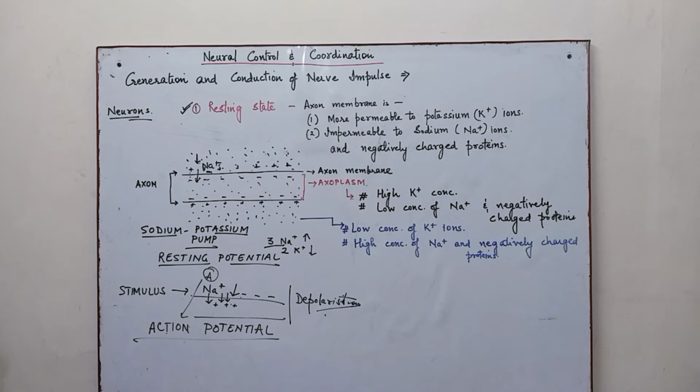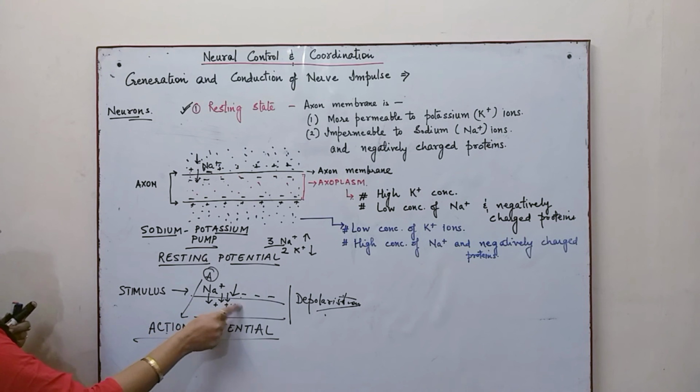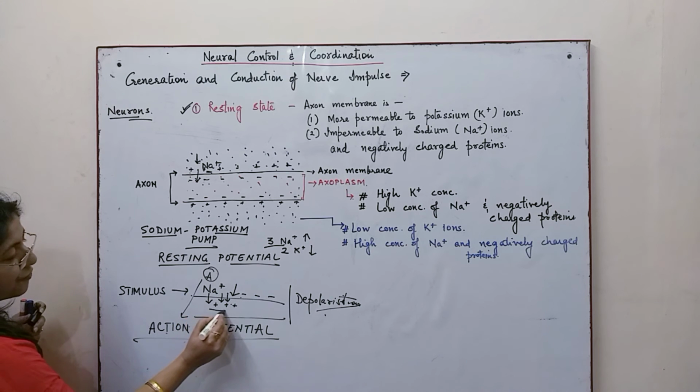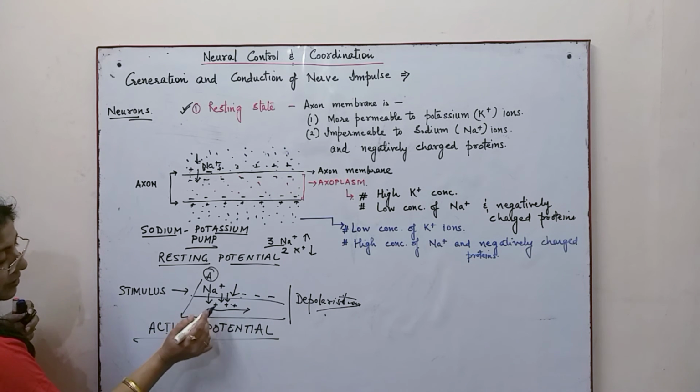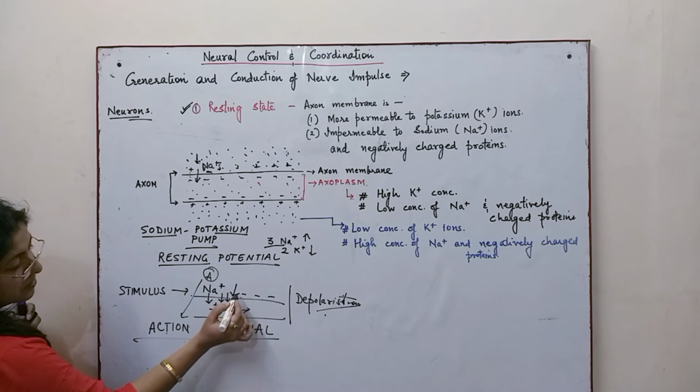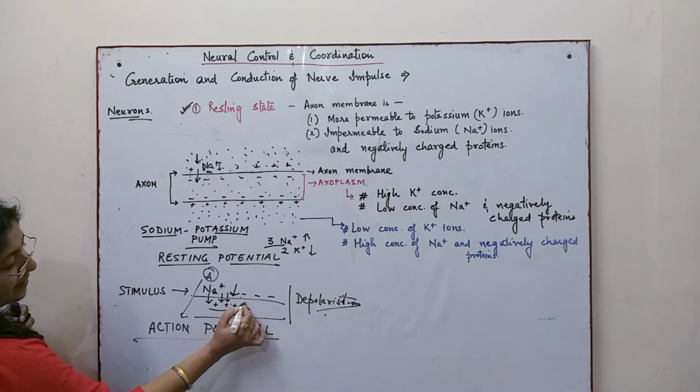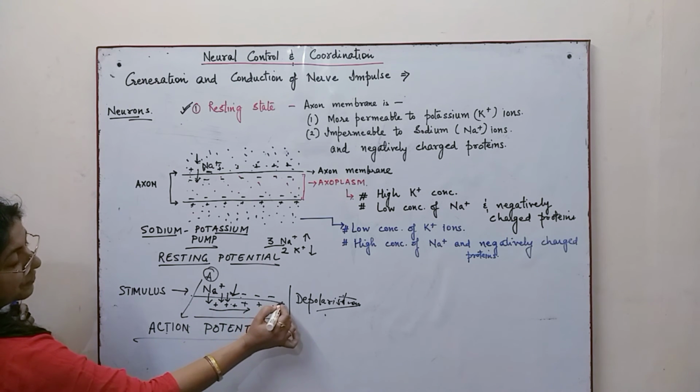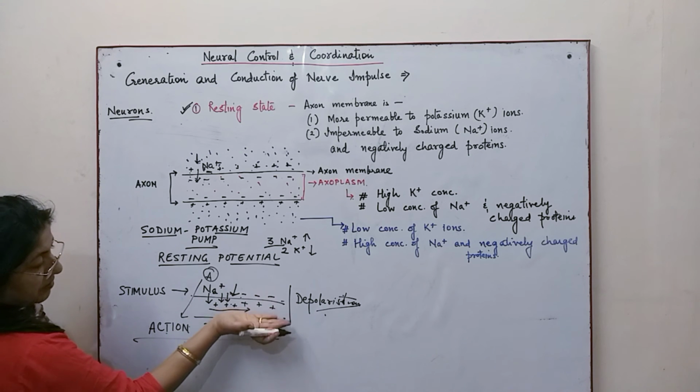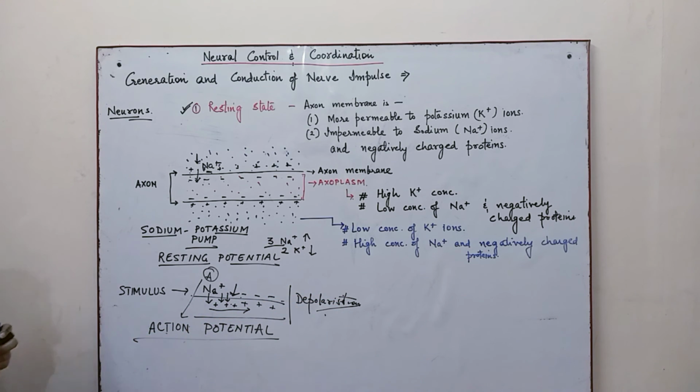Now, gradually as the depolarization takes place, it will move from here, that is the complete process will take place, and the positive side will gradually change over this side.